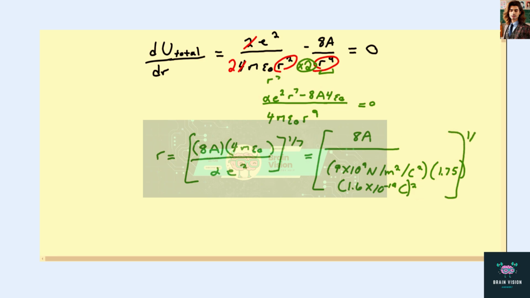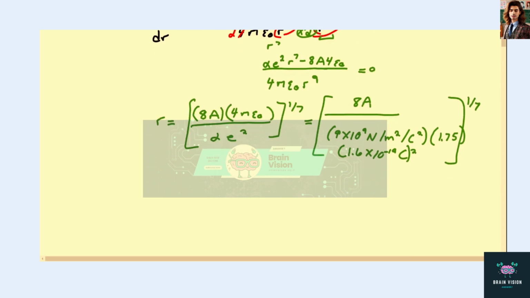And this is to the 1/7. Okay. And here we have 1.1 times 10 to the 4th, a to the 1/7.